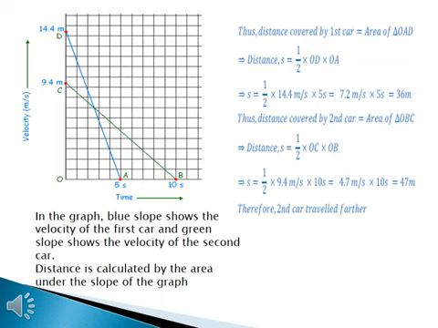Here OC is B and OB is H, where OC is equal to 9.4 meter per second and OB is equal to 10 seconds, which are also marked in the graph. So S is equal to 1/2 into 9.4 meter per second into 10 seconds, which is equal to 4.7 meter per second into 10 seconds, which is equal to 47 meter.